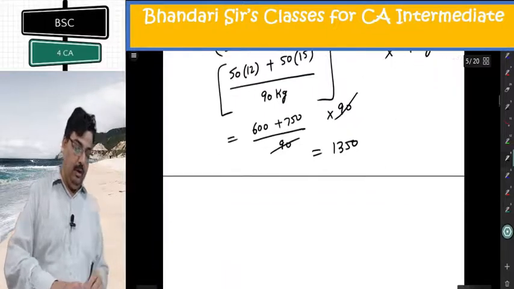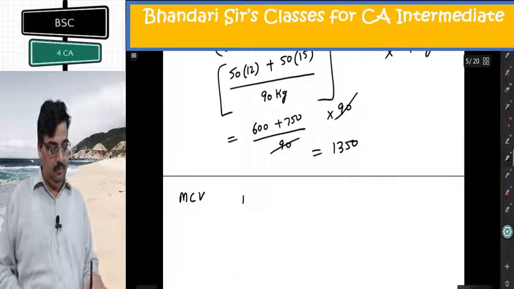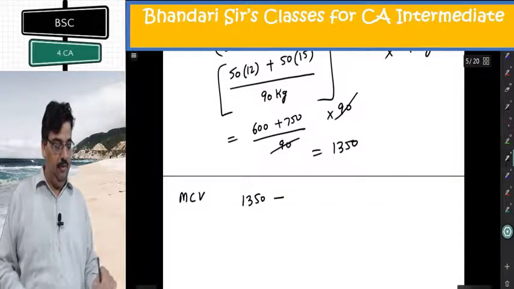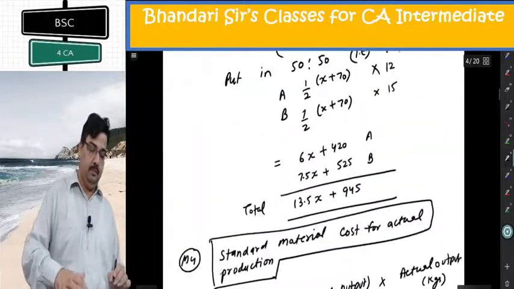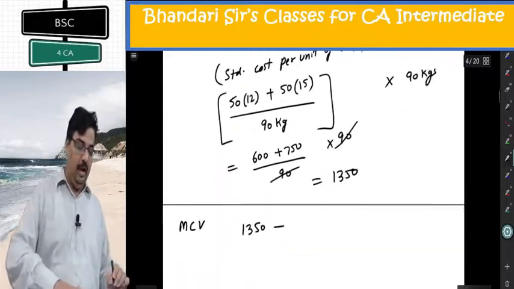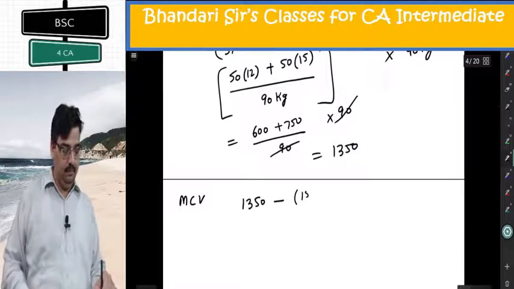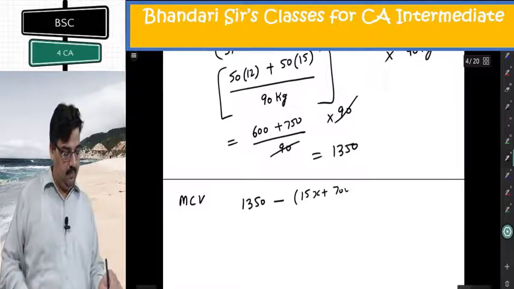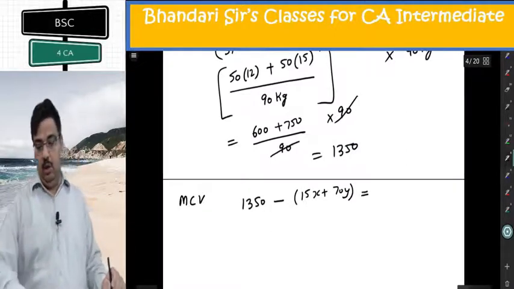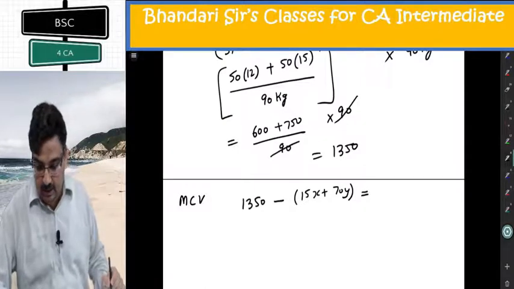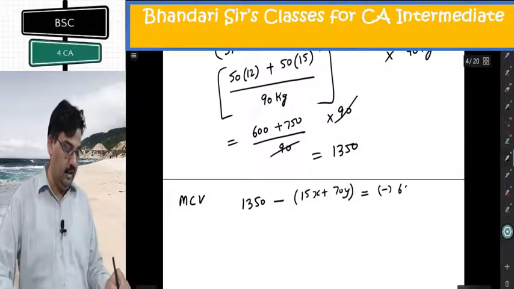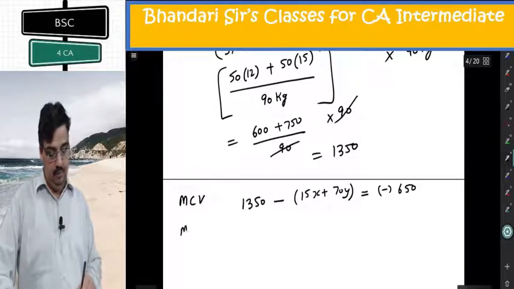Now I put in material cost variance. 1350 minus how much? 15x plus 70y should be equal to cost variance given in the question, minus 650. It is adverse, so minus 650.